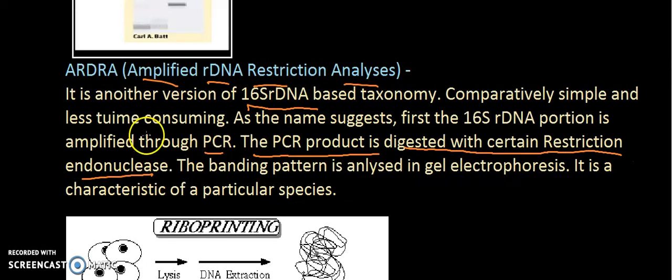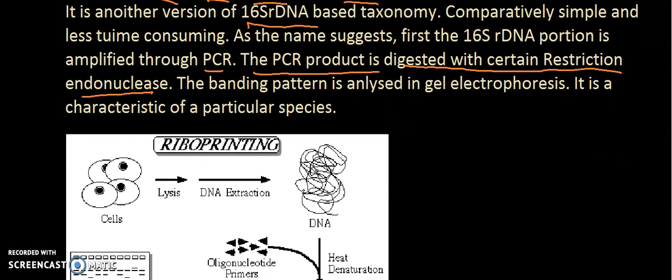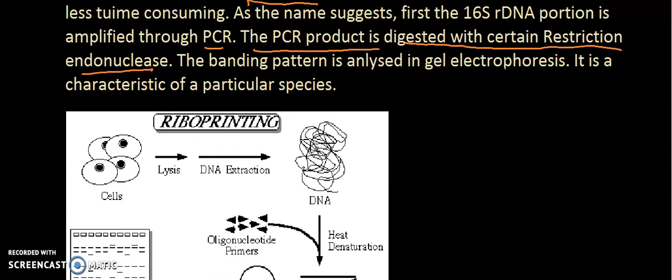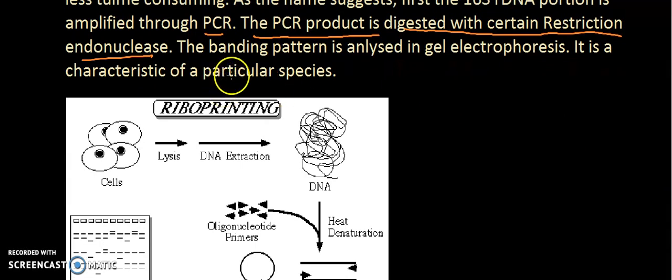Rather than going for Southern blotting, a longer process, the 16S rDNA is amplified first, leaving the other DNA. So the DNA becomes purified, and if you digest with restriction endonuclease, you don't need to do Southern blotting. The gel will show a banding pattern that is characteristic of a particular species. So this is called ARDRA.